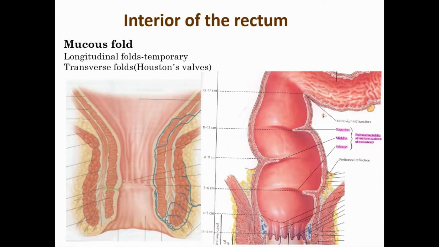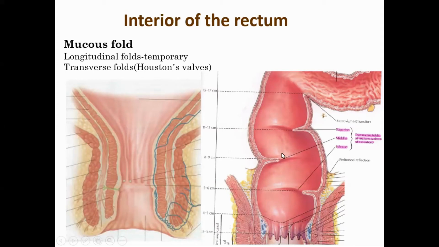Transverse folds, the permanent folds, are also named the Houston's valves, or the horizontal valves.